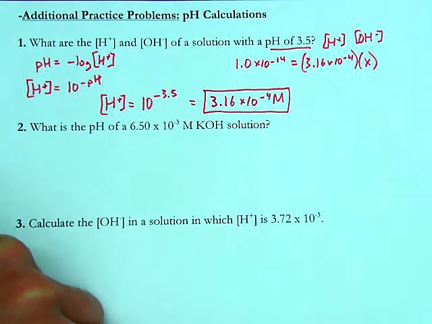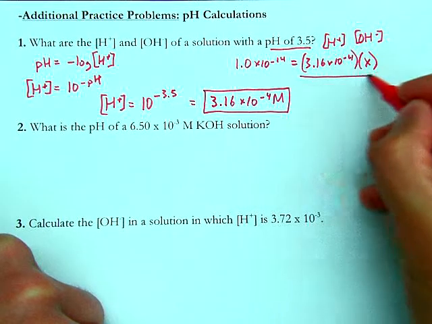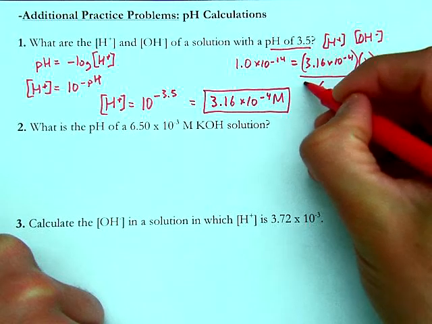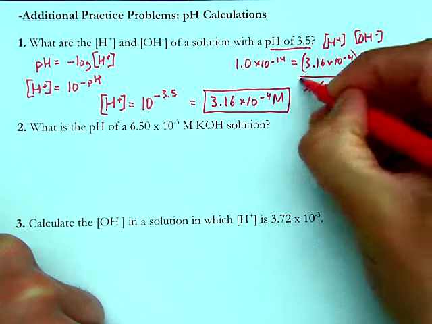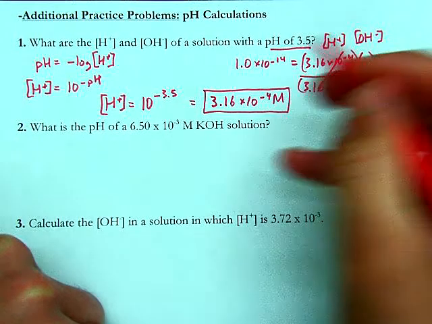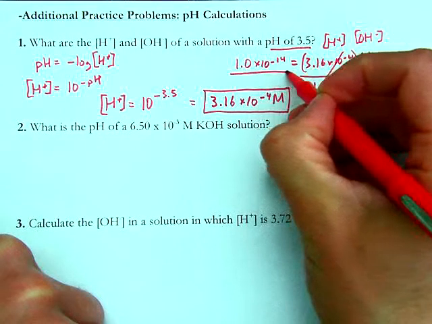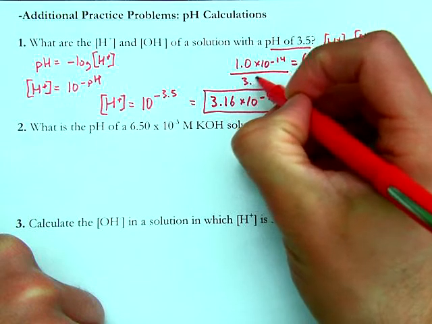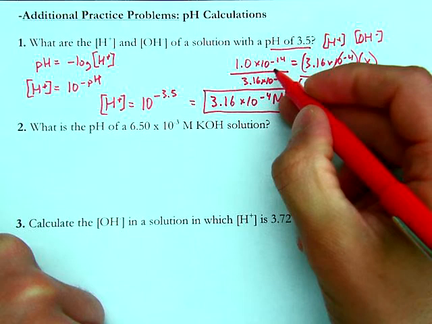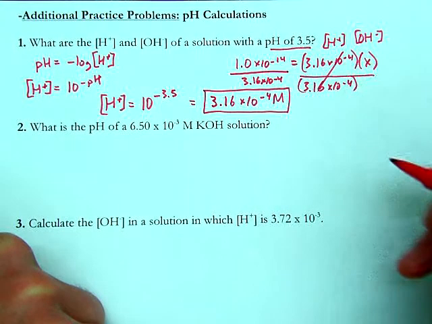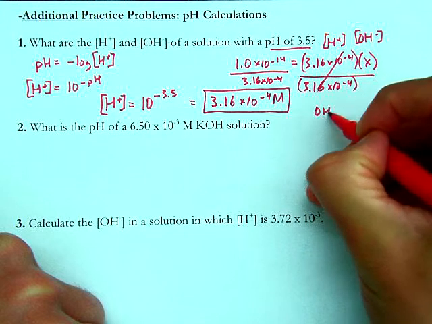To solve for x, you want to get it by itself on one side of the equal sign. We're going to divide by 3.16 times 10 to the negative 4 so that it cancels out. And whatever we do to one side, we do to the other. So we're taking 1.0 times 10 to the negative 14 and dividing it by 3.16 times 10 to the negative 4. And that is going to give us our concentration of OH.